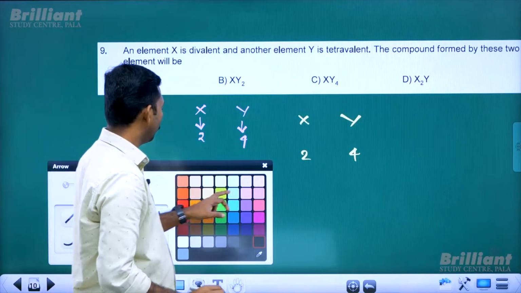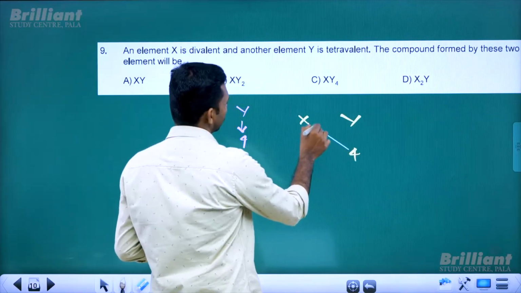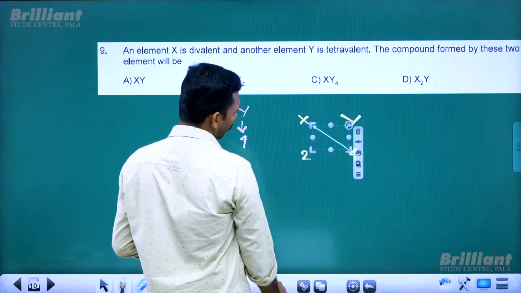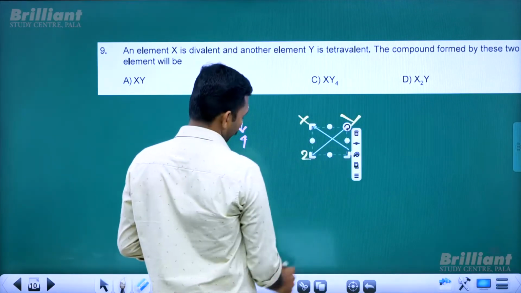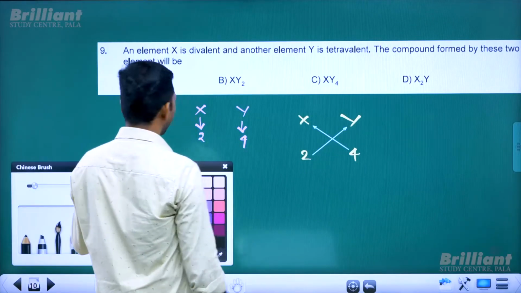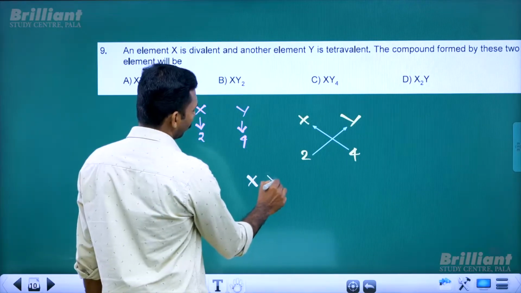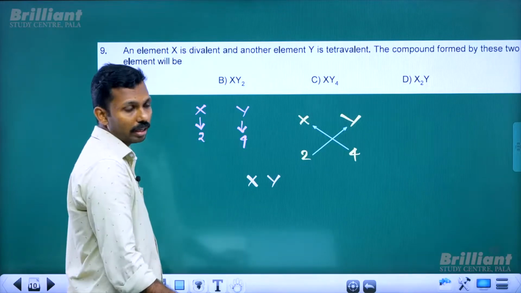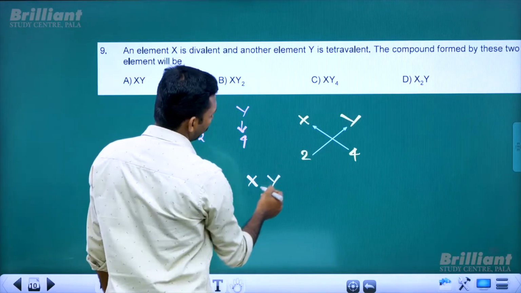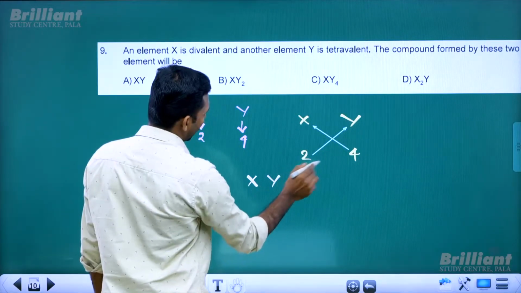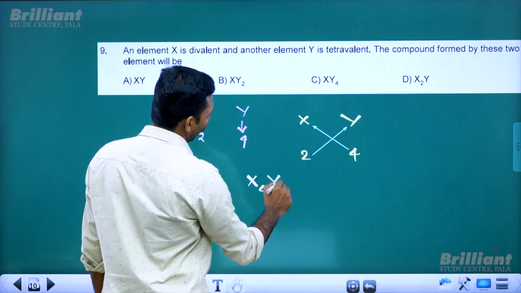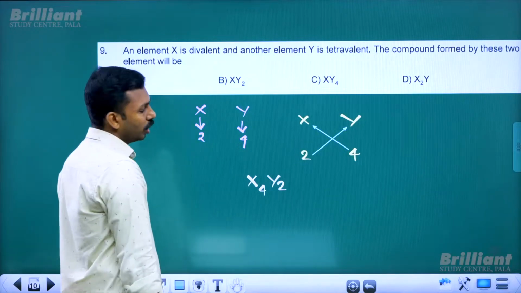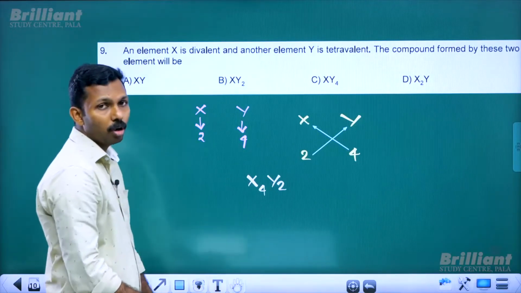So the number 4 will be written as a subscript for X and 2 as a subscript for Y. So X4Y2 will be obtained.